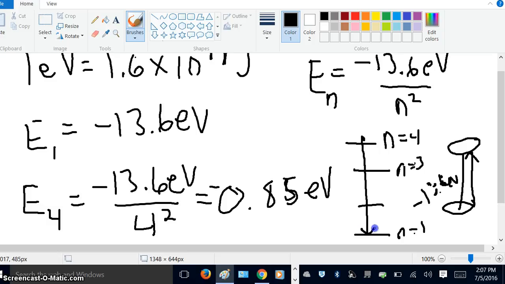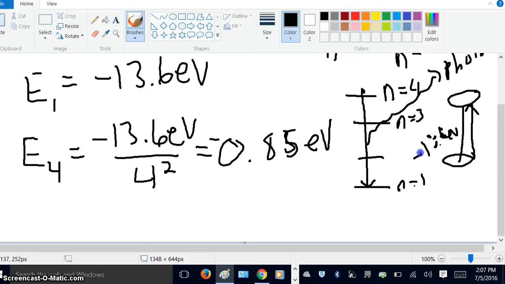And when it does so, it's going to emit a photon, a photon of light. The Bohr model will tell us the frequency of light, or the wavelength, either one, when the electron jumps from the n equals 4 to the n equals 1. So we're going to calculate that right now.